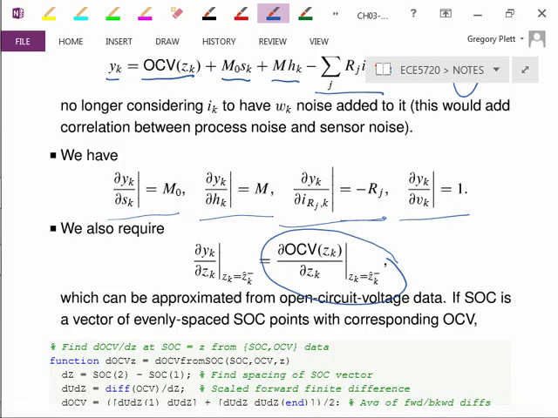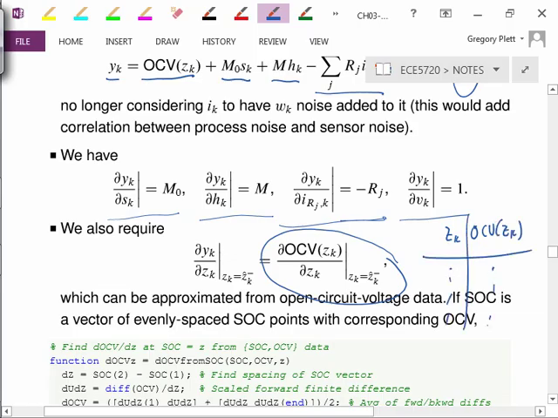We can approximate that relationship using OCV data or a curve fit to the OCV data. Here we're going to say, suppose we have a table of state of charge zk and OCV of zk is my table with a bunch of numbers in each column. How can I use that table to find the derivative of OCV with respect to zk?